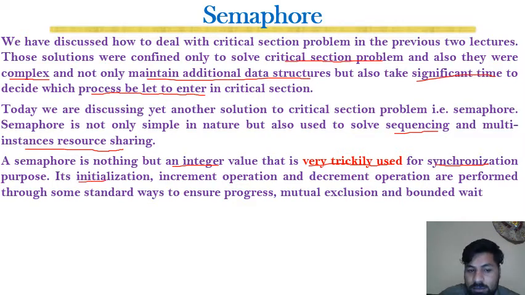Its initialization, increment operation, and decrement operation are performed through some standard ways to ensure progress, mutual exclusion, and bounded wait. Those were the four criteria that we had proposed earlier in the inter-process communication introduction. So the initialization of this integer value, that is semaphore, and its increment and decrement operations are performed through some standard procedures.